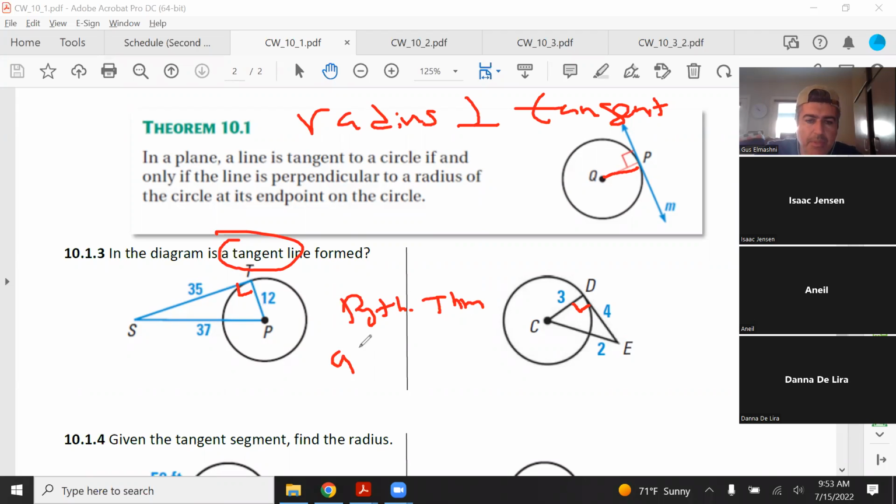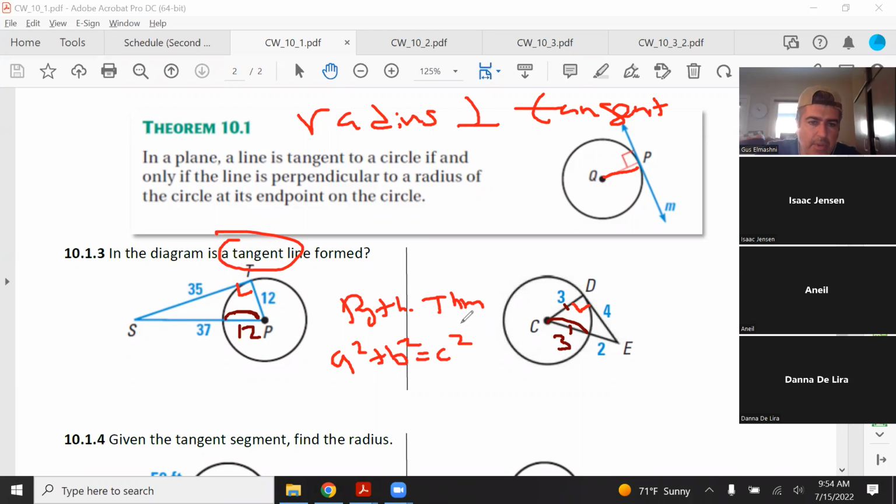So a squared plus b squared equals c squared. Now, one thing that would help, this is the part that's not terribly obvious. This is 12 right here. Or this right here is 3. That's because you have a radius already provided for you, right?